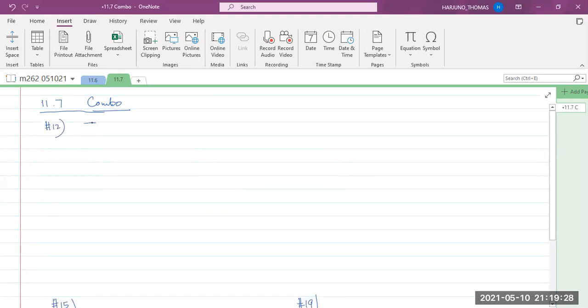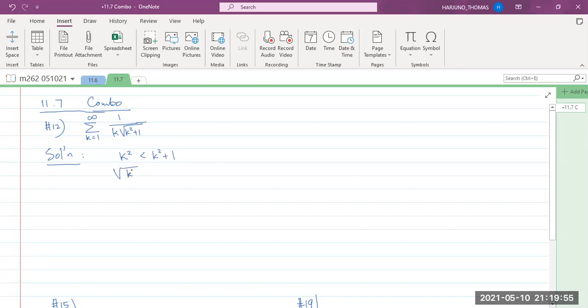Number 12, the series k equals 1 to infinity of 1 over k squared plus 1. This one is actually on the easy side. Show that it is convergent or divergent. I will show this: k squared is definitely less than k squared plus 1.